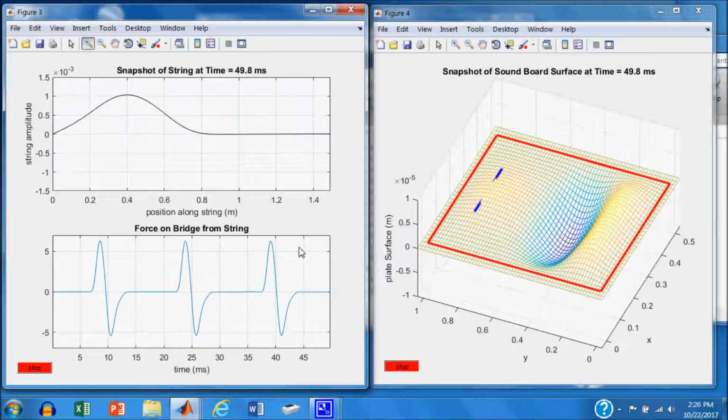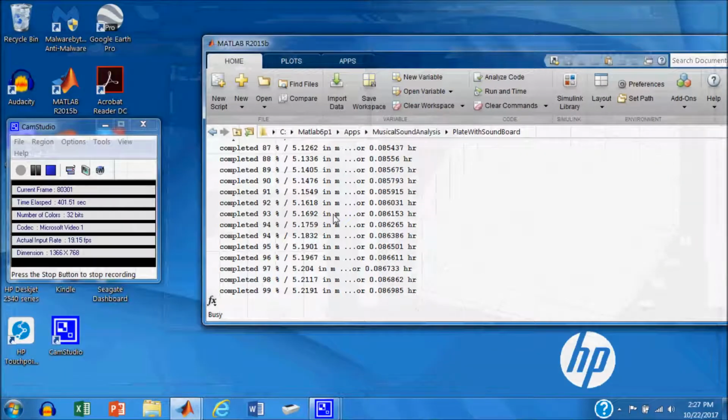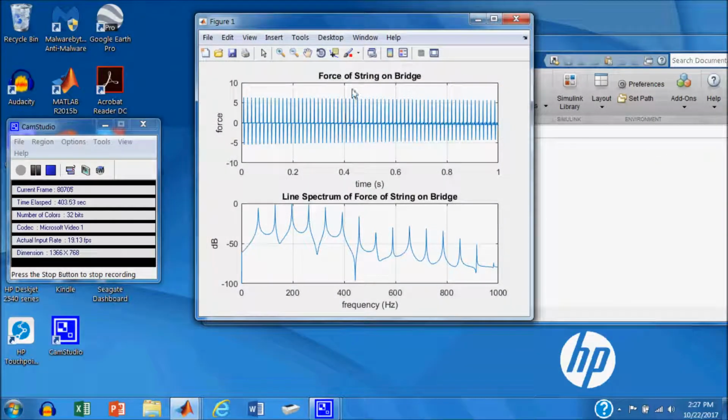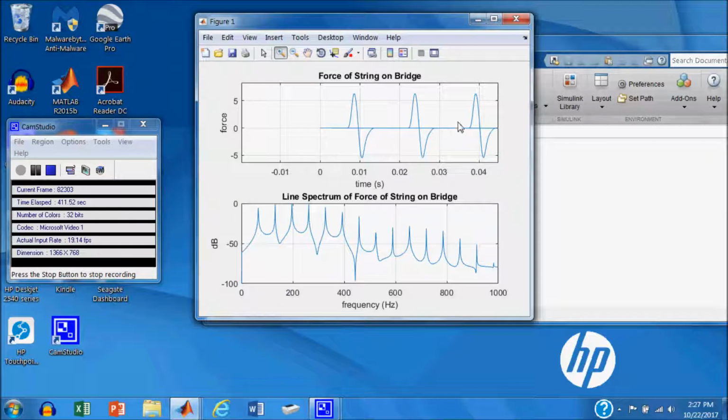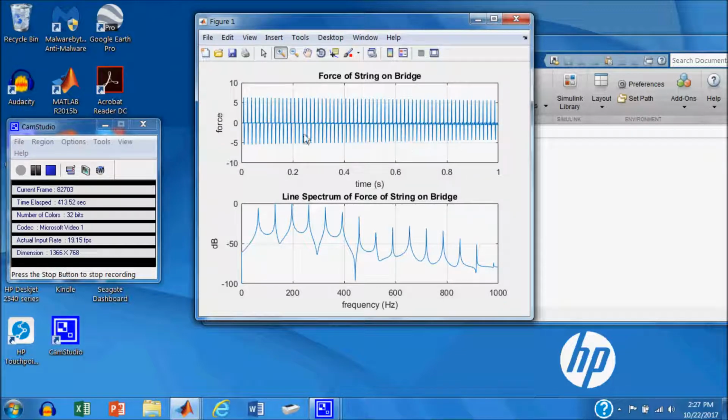And now we're going to take a look at the results of the whole run, which lasts for 1 second. Okay, here is the force of the string on the bridge, which we showed before. For example, here are these whiplashes. This is all these pulses over 1 second of simulation. Here's the line spectrum of this wave.